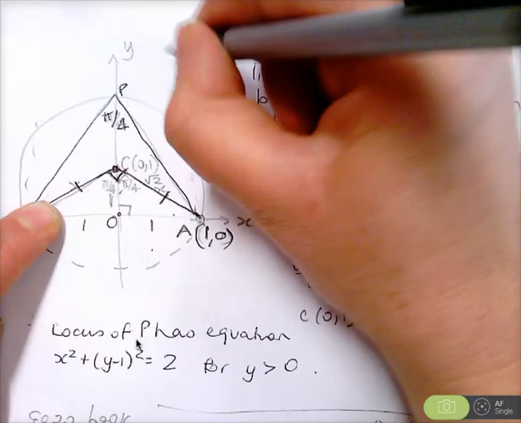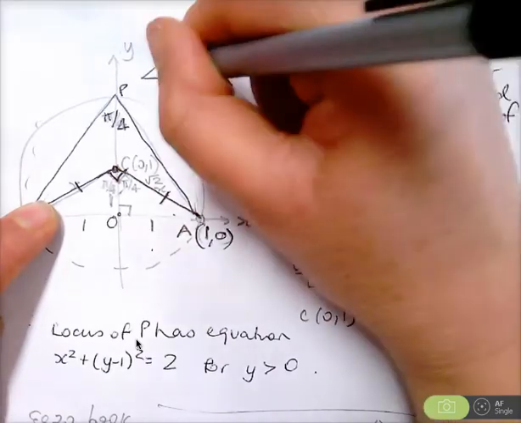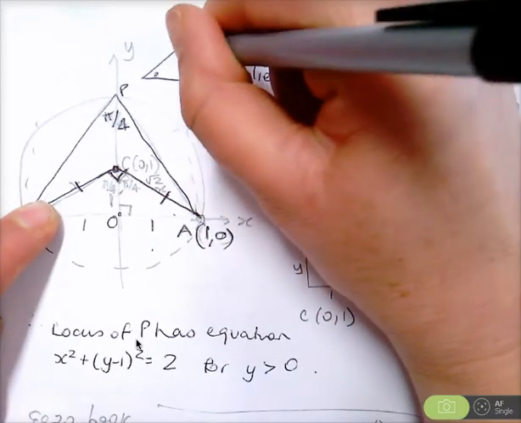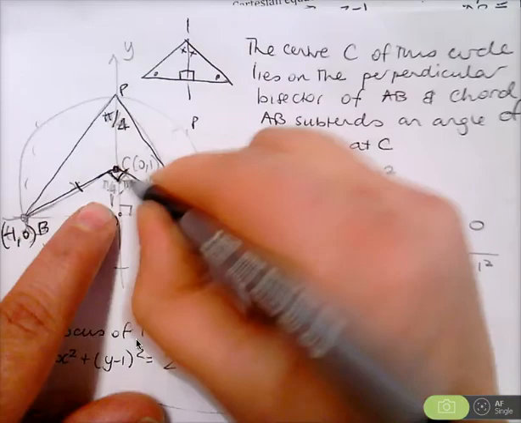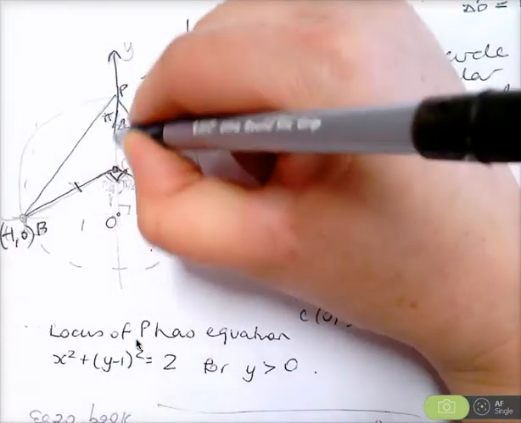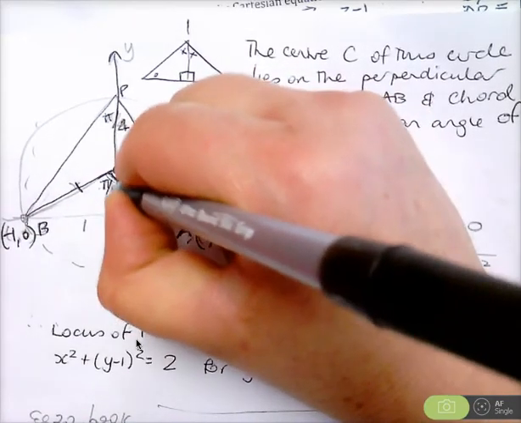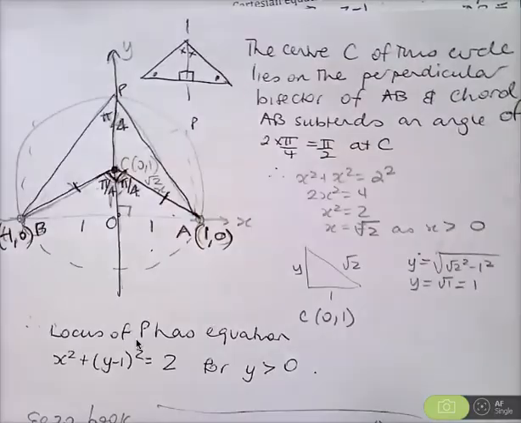Because isosceles triangles have symmetry, that angle equals that. These are right angles. This angle there equals that angle there. So if that's 90 and these two angles here are equal, if that's my y-axis, then this is pi on 4 and that's also pi on 4. They're both 45 because that's 90 in the middle.